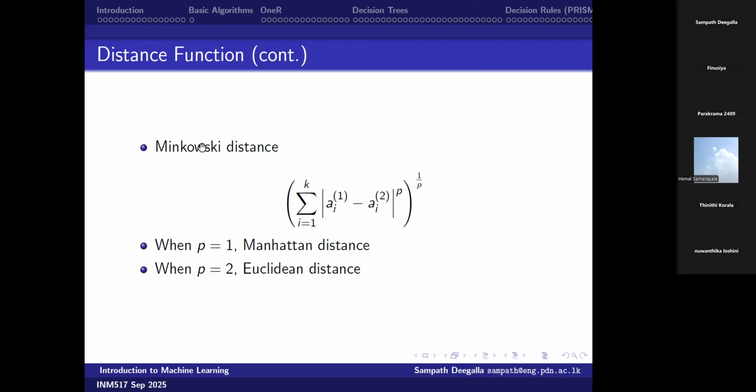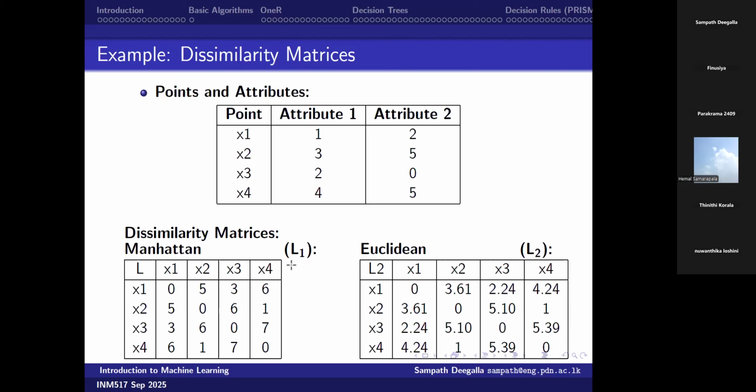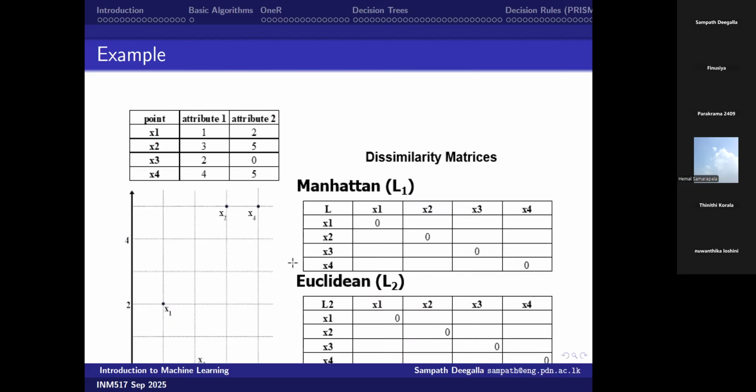Now that we have understood the idea and how it might be used in various situations, let's look at a simple application. Let's assume that we have 4 points: x1 is (1, 2), x2 is (3, 5), x3 is (2, 0), x4 is (4, 5).